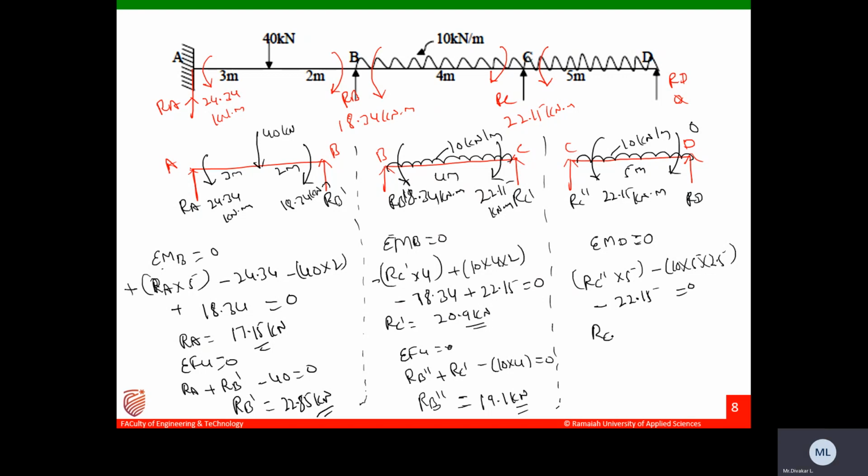Then you calculate RC double dash. RC double dash will be 29.5 kilonewtons. Then use sigma Fy equals to 0 to calculate RD.